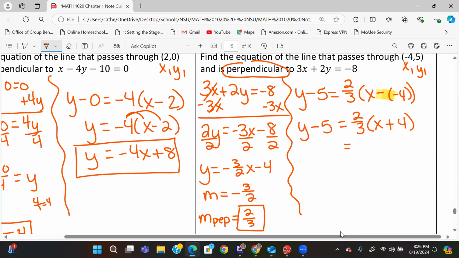Then we're going to distribute, multiply 2/3 times everything in parentheses. 2/3 times 4 is going to give me 8/3. And you can just put that in a calculator.